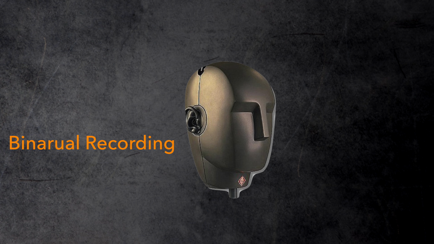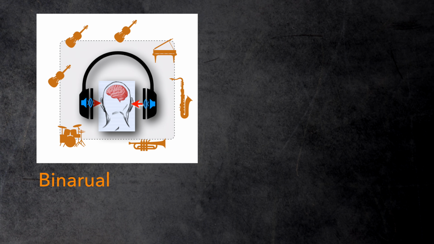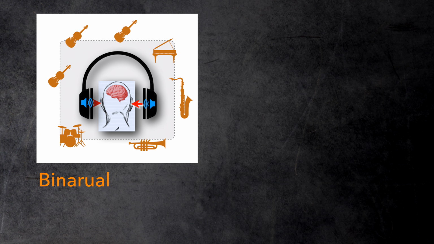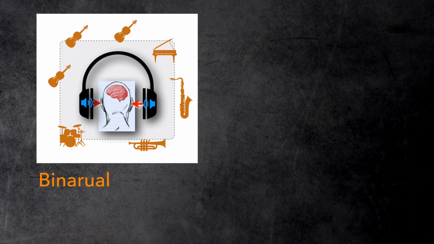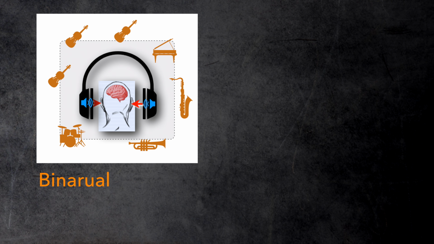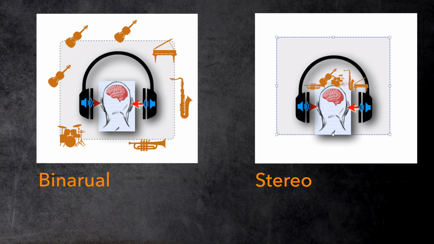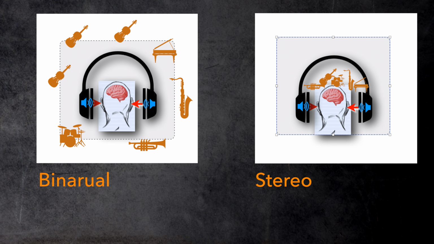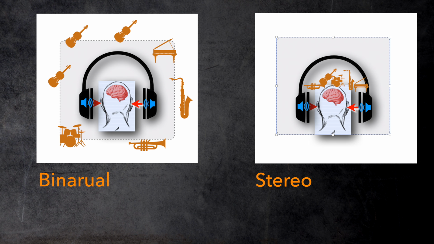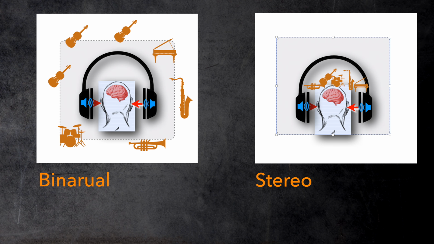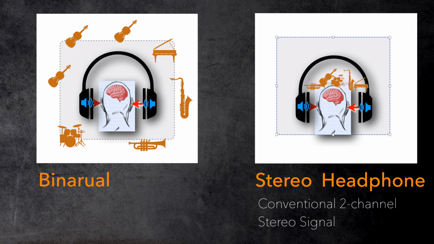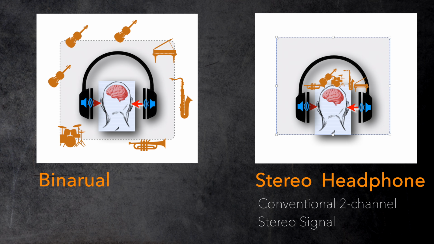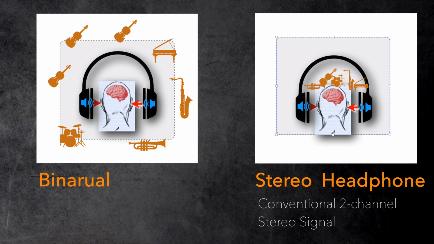The key element is that you need only 2 audio channels, played back over headphones, and you can achieve the impression of hearing sound playing around you instead of playing inside your head or in the left or right ear like with stereo headphones. This is where you have to pay attention to the terminology. Stereo headphone means playing back a conventional 2-channel stereo signal over headphones.